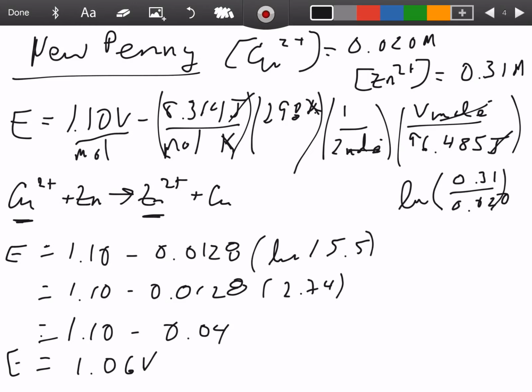I get less and less copper 2 plus and more and more zinc 2 plus, so my reaction becomes less and less spontaneous. Eventually the voltage will drop to 0 volts, and then it is not spontaneous anymore, and therefore the reaction will stop.